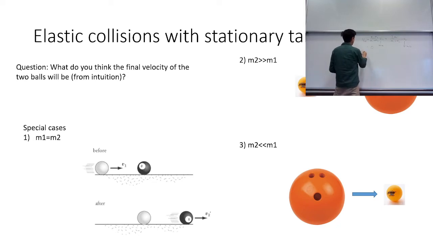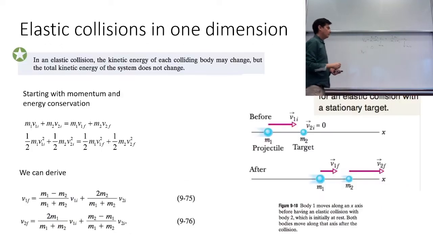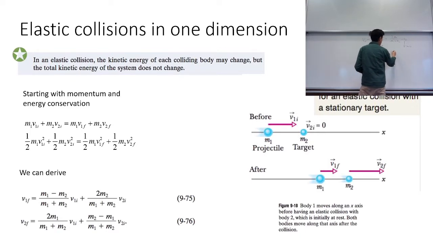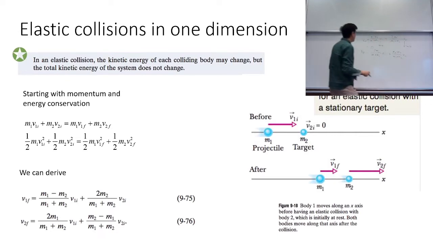And then V2F is going to be the other way around: 2 M1 over (M1 plus M2) times V1I, plus (M2 minus M1) over (M1 plus M2) times V2I. This is what the 8 ball is going to do.